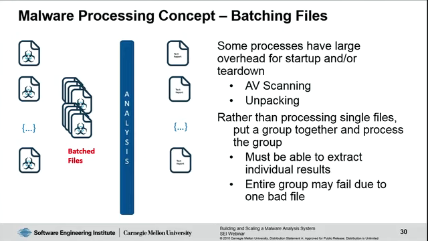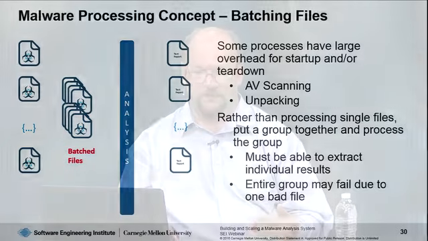In a case like that, you might want to consider batching files together. I know people have tried that with AV scanning and with unpacking, where they bundle up a dozen or 100 files and run them through.